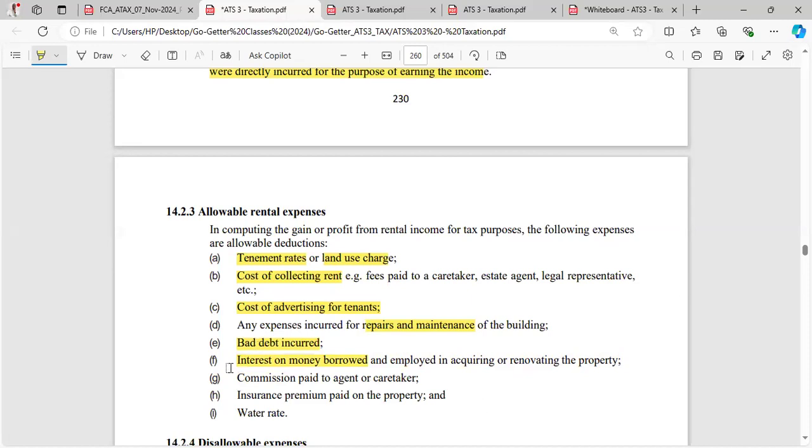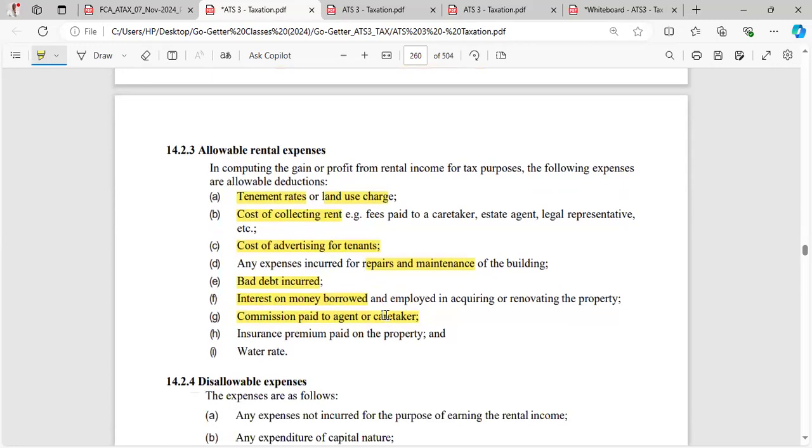Now, we have commission paid to a caretaker. This is something like cost of collecting rent. Commission paid to an agent or caretaker.